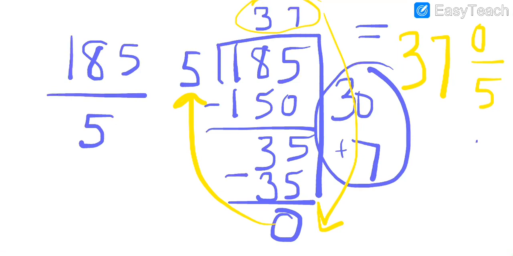Interesting. 0/5, if you don't recall this from earlier fraction studies, 0/5 is just 0. So really, I'll use a different color, this is just plain 0. So I can just cross that off, and our final answer is just 37, which makes sense because when we look at the division problem, we had a remainder of 0 over here, and our answer was 37.